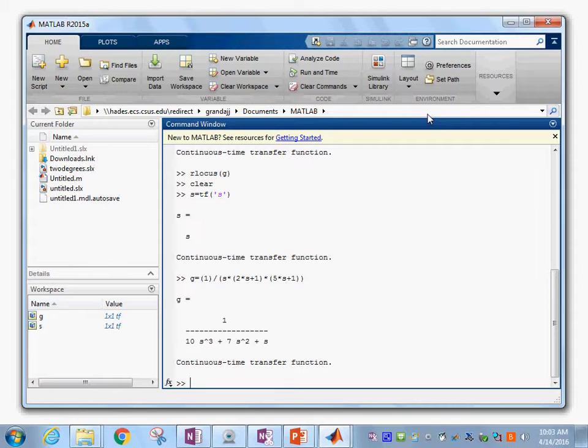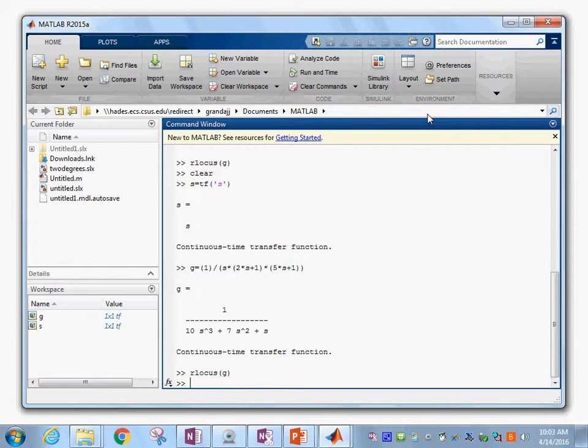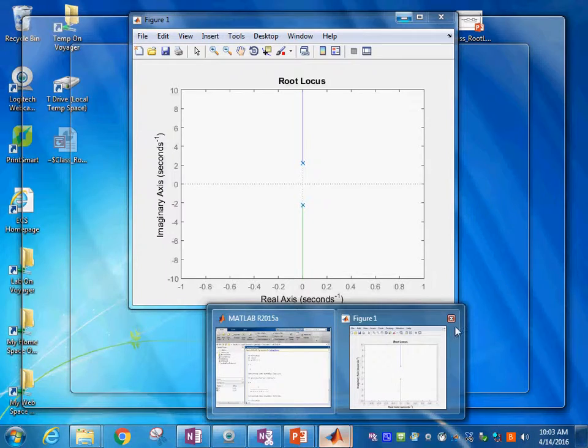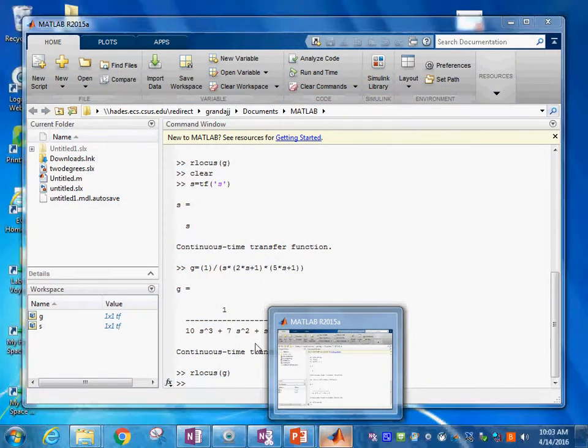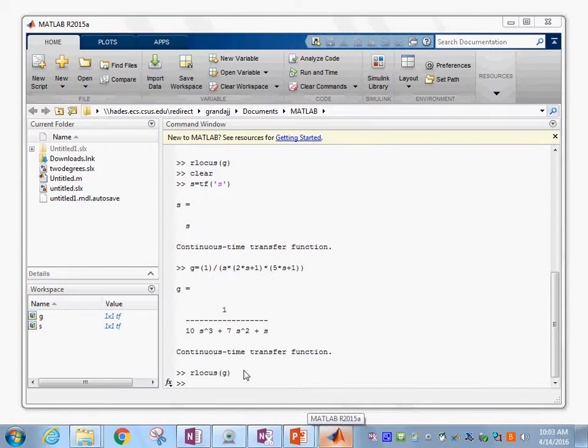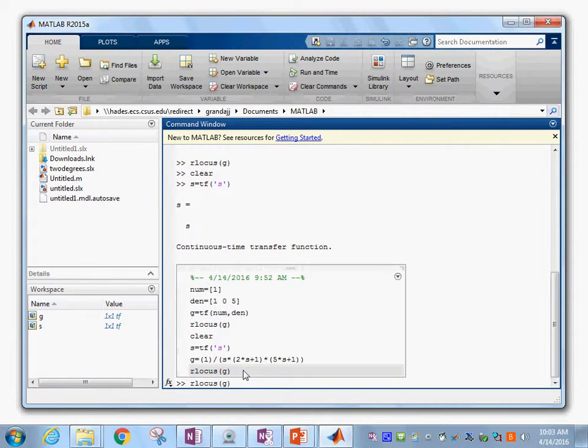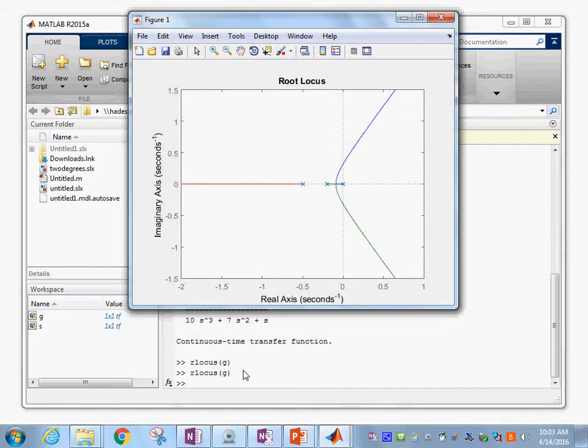And now I can say rlocus of my function G. Of course, MATLAB has got this plot for me. There we go. You see what I mean?